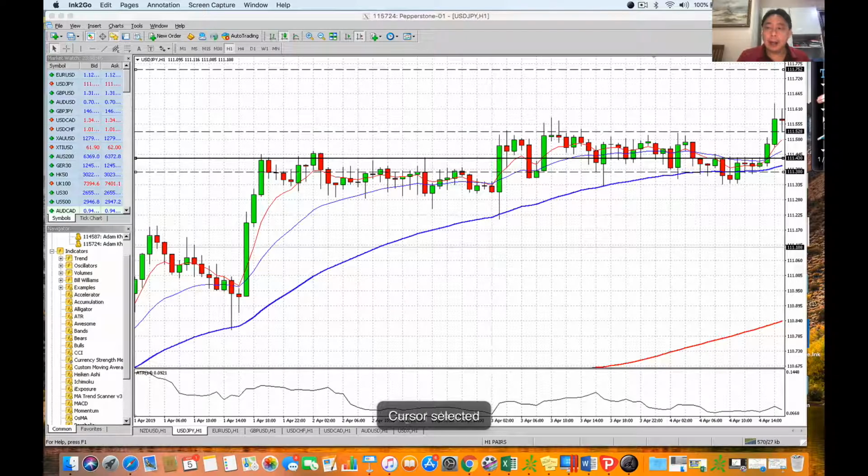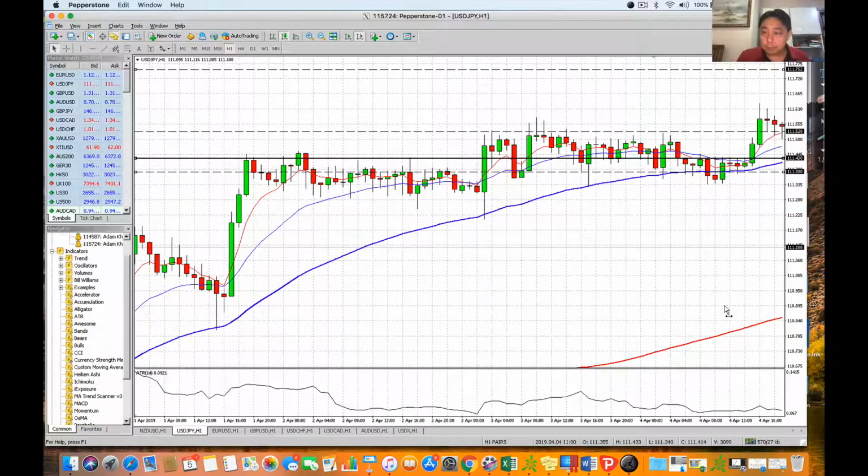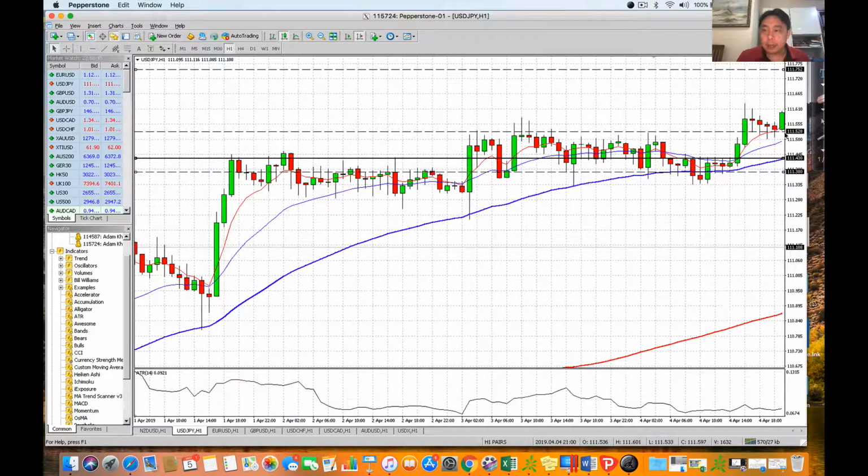Great. So let's see how this trade played out. Sure enough, it retraced and it hit our buy limit order at 111.53. So we're in the trade. Let's see what happens. Boom, goes up.